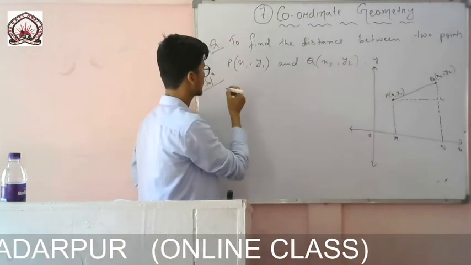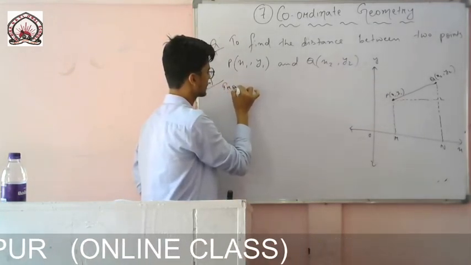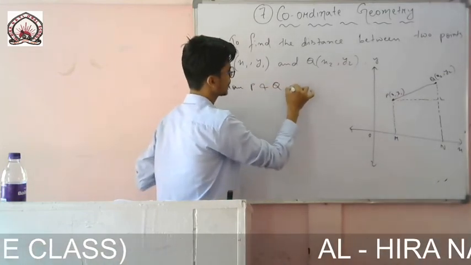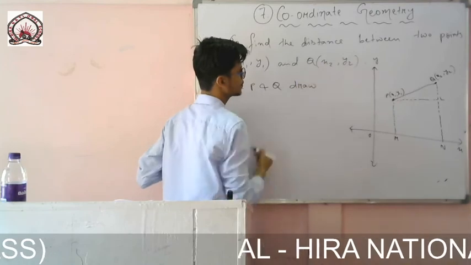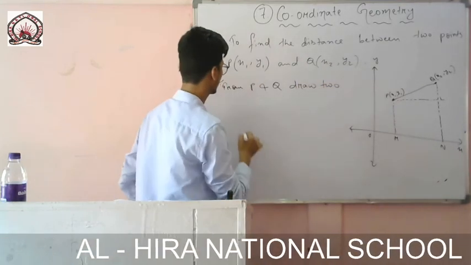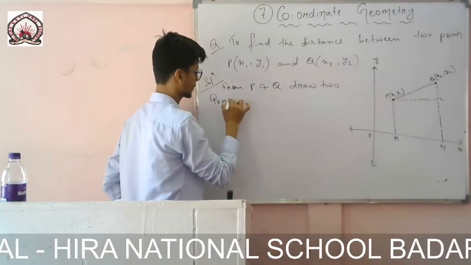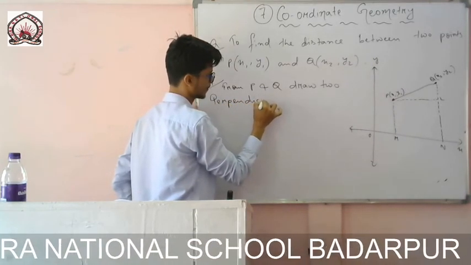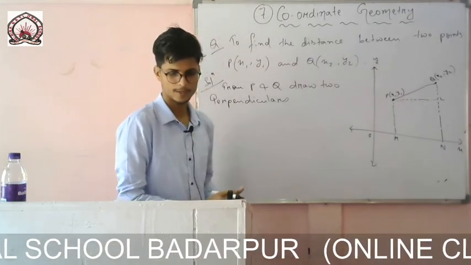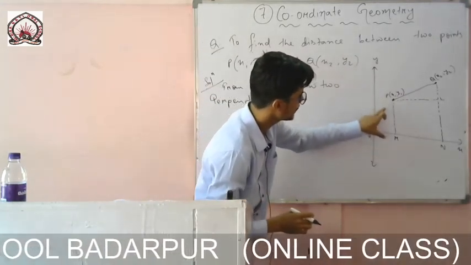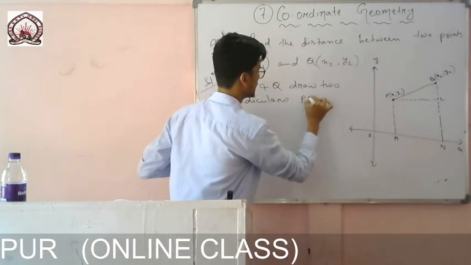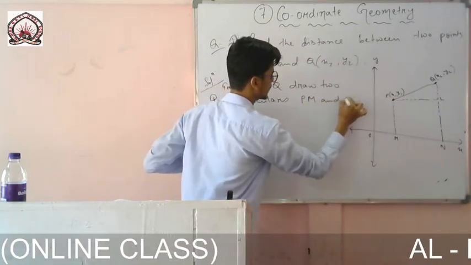So what we have done, let us write. From P and Q, draw 2 perpendiculars, PM and QN.